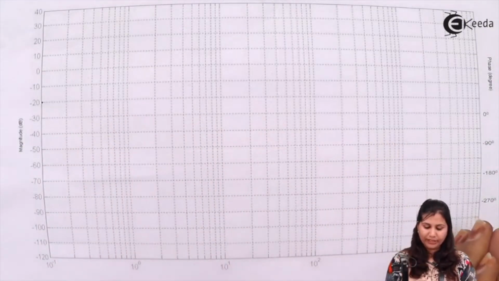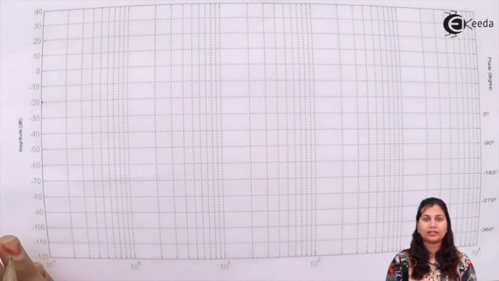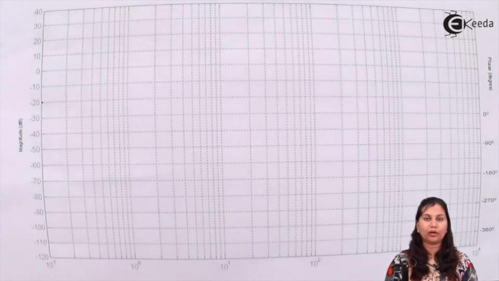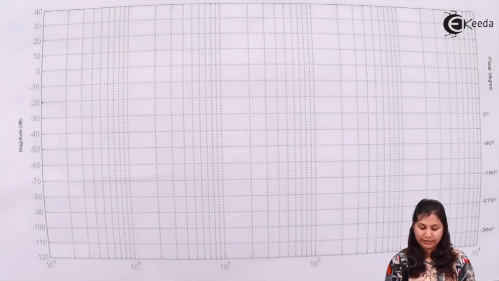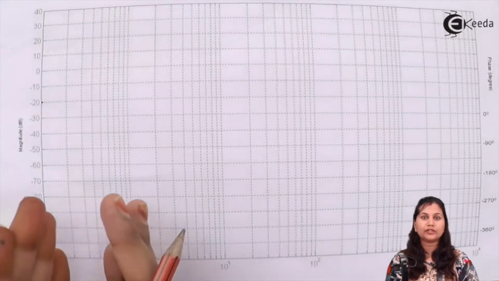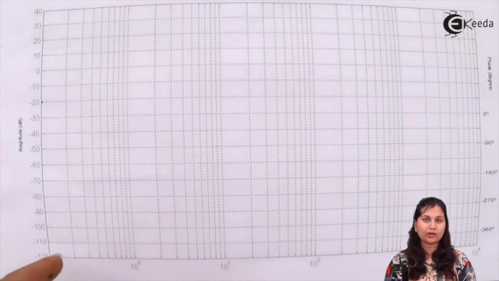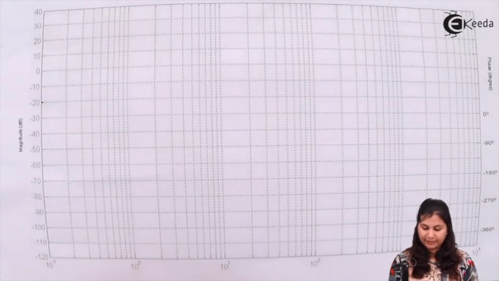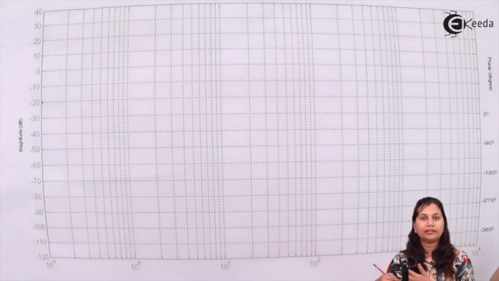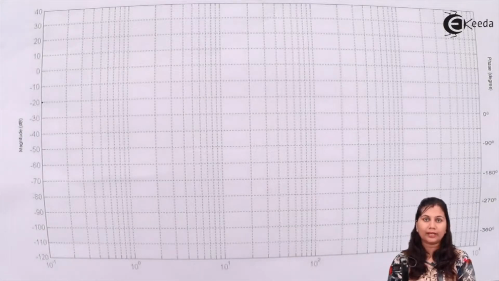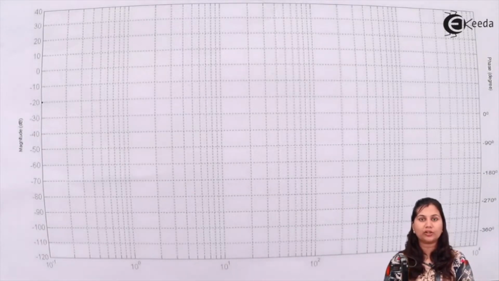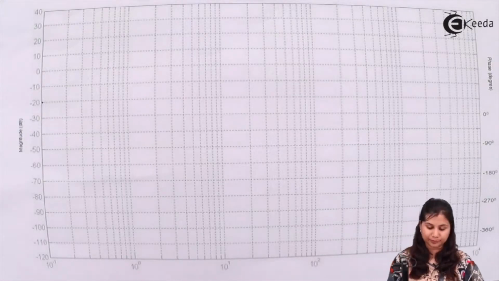You have seen that the slope in the magnitude plot is shown as dBs per decade. This per decade term is used because in a semi-log graph, the factors are changing in powers of 10, so that's why we are using the per decade term.